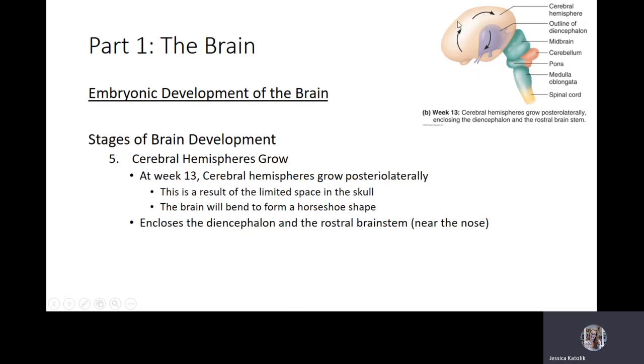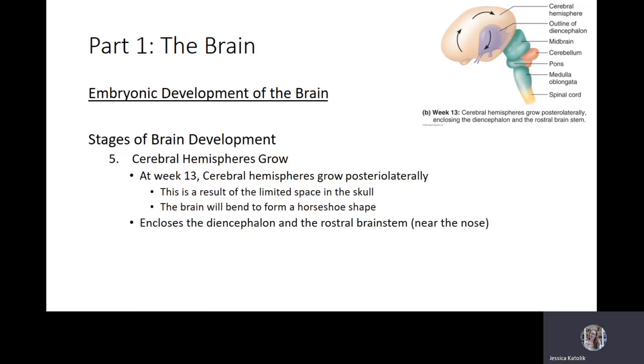The cells will move more posteriorly. And then as it goes towards the back of the eventually forming skull, it will rotate and come back around. So our brains have a very interesting horseshoe shape to it. This area will actually become part of the temporal lobe that will kind of loop back around.